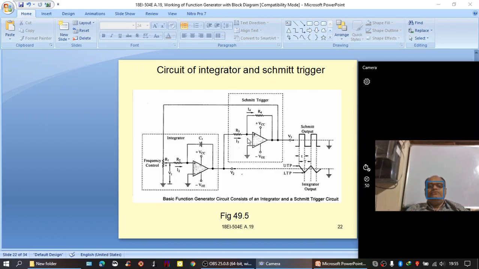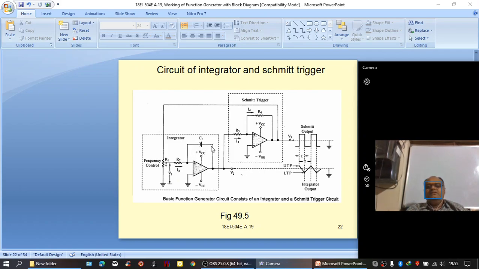So when that voltage is less than LTP, then this comparator output goes low. That is, a high to low transition takes place. When the voltage here now becomes negative, then naturally the supplied voltage here also becomes negative. For negative voltages, what happens?